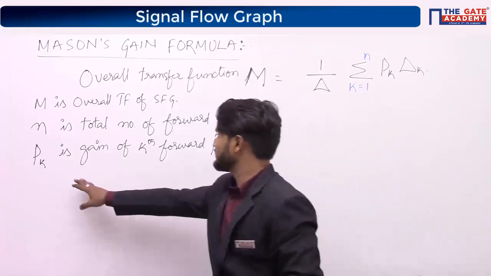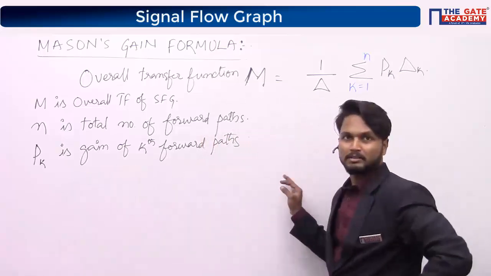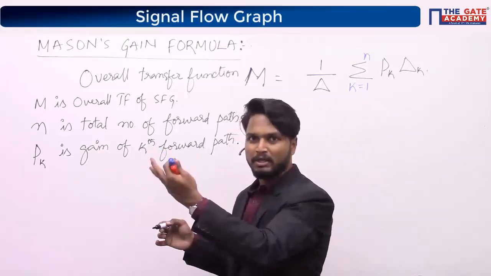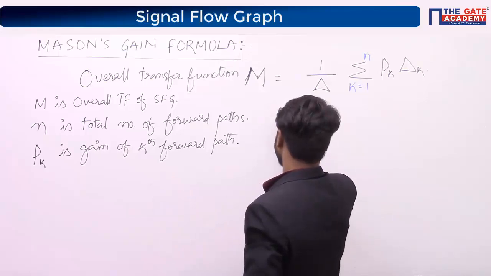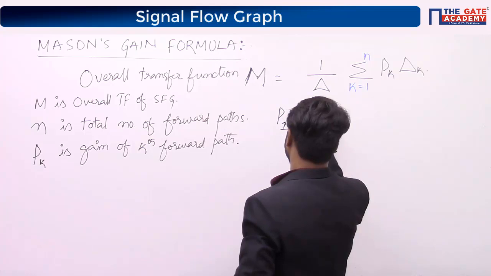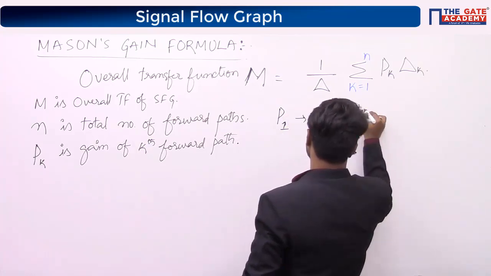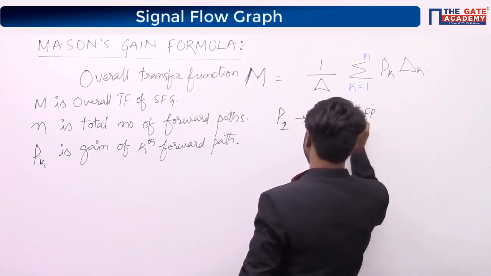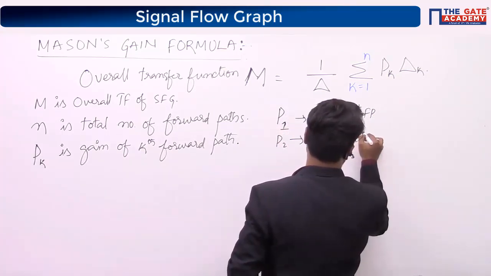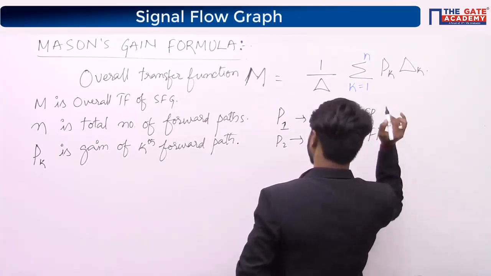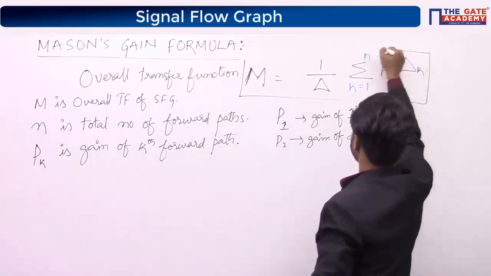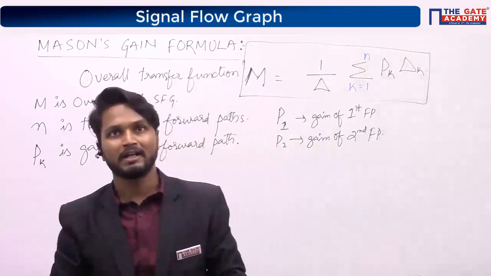So PK is the gain of kth forward path, which means P1 is the gain of the first forward path, P2 is the gain of the second forward path, like this. So this is PK.